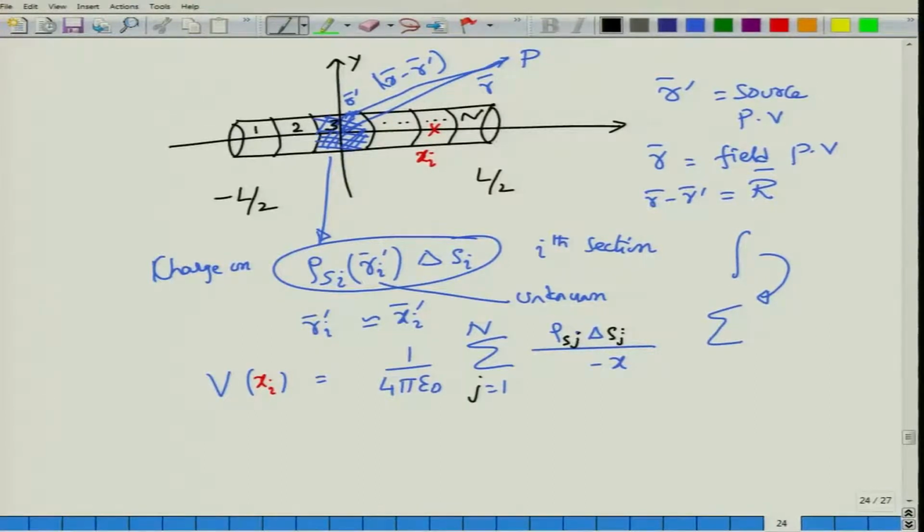Delta s is the surface of a cylinder whose diameter is about 2a and whose length is delta l_i, where delta l_i is the length of each section. We have made n number of sections, therefore delta l_i is equal to capital L divided by capital N, that is the length of the wire divided by n. So I have rho s_j delta s_j divided by x_j minus x_i.